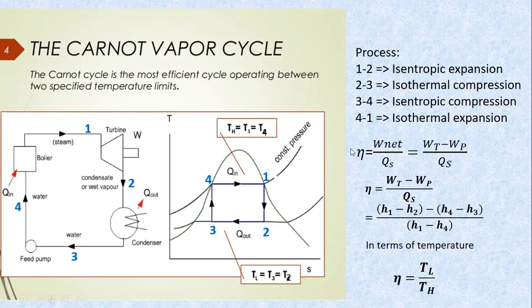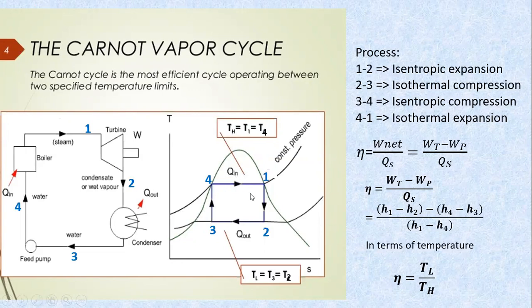And 1 to 2 is the isentropic expansion of the steam in the turbine. 2 to 3 is isothermal compression of the steam in the condenser. 3 to 4 is isentropic compression, that is pumping work, and 4 to 1 is the constant temperature heat addition in the boiler.